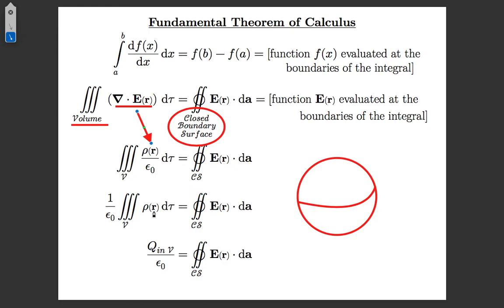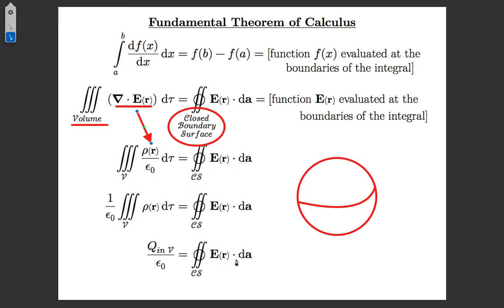Rho is just charge per volume, so we integrate that over a volume and we get total charge, in this case capital Q, the total charge within this volume V that I've designated by this script V. And what we have here is that this ratio of the total charge within that volume divided by epsilon naught is equal to the total electric flux going out of that surface or into that surface.